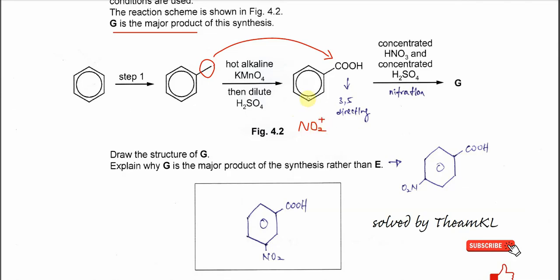Okay, so therefore, the first thing that you need to know is the effect of this COOH group. This group is an electron withdrawing group, so it's 3,5 directing. Means when there is an electrophilic substitution, the substitution will happen at the 3,5 position. Means this is first, second, third, right? So 3,5 position.